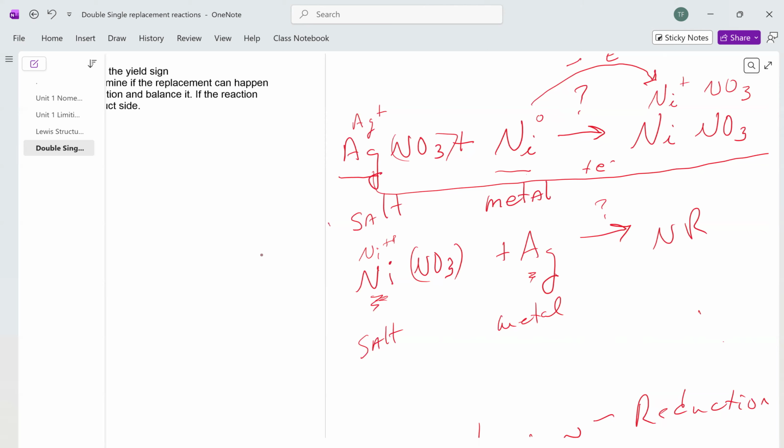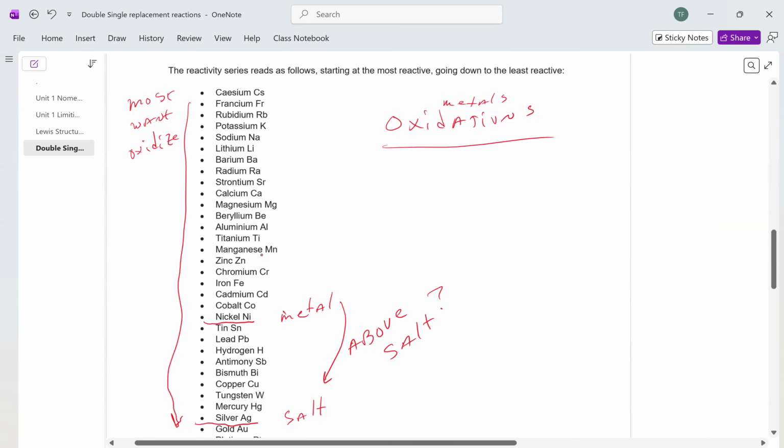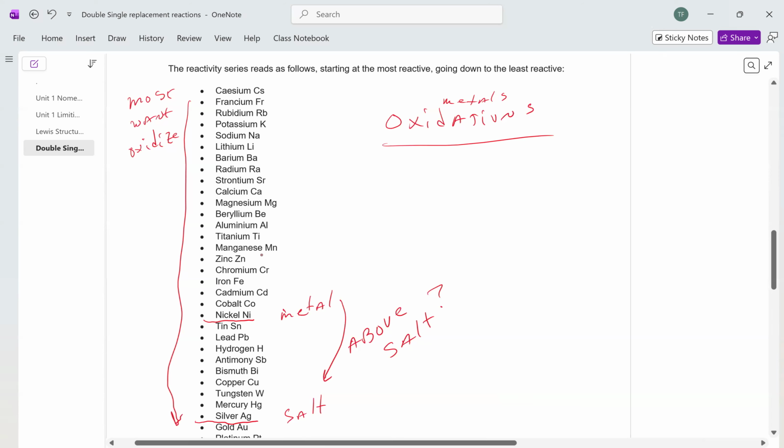So it is already oxidized, and the silver below it can't be oxidized because the nickel is above it. It takes precedence in the reactivity table here. So that's the technical explanation of why this reaction happens.